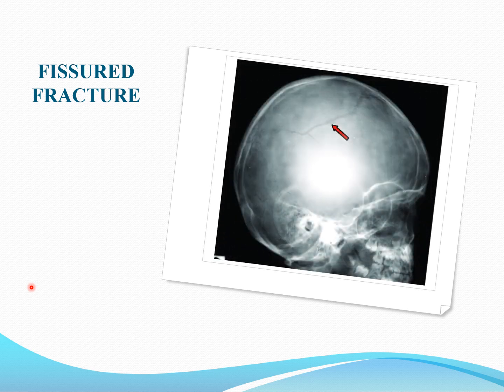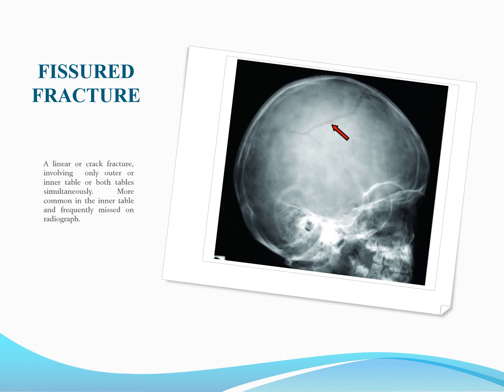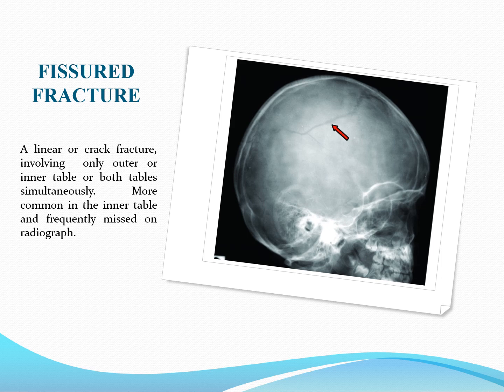Now the first fracture is basically the fissure fracture, and it is indicated on this X-ray; the arrow indicates the fissure fracture. A fissure fracture is basically a linear or crack fracture involving only the outer or the inner table, or both tables simultaneously, more common in the inner table and frequently missed on X-ray.